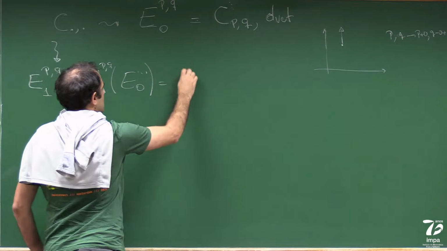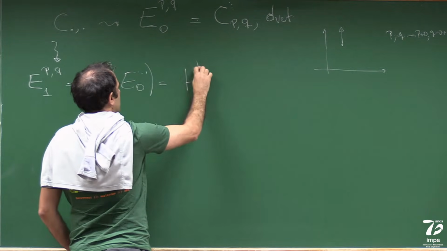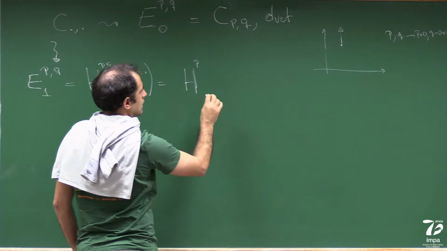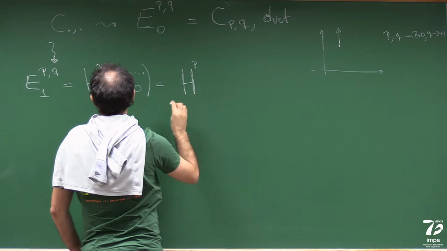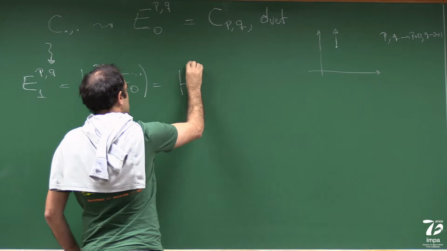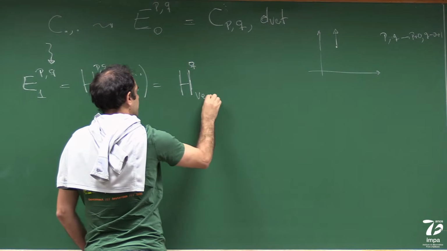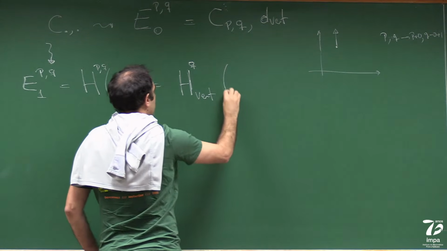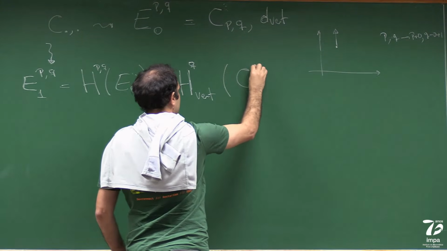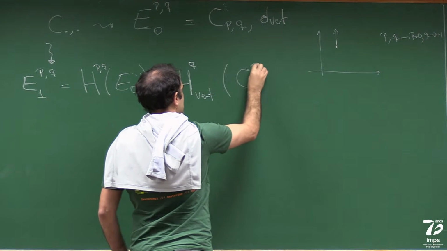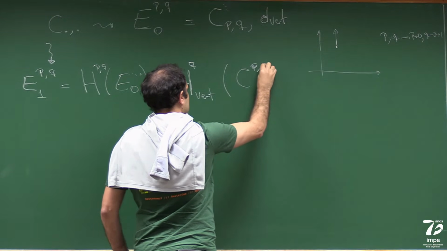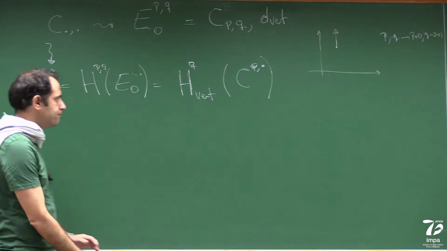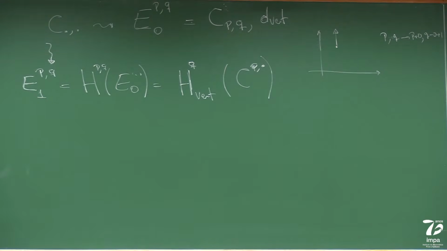And this is, of course, the vertical homology in degree Q. So I'm using P and Q. So this is the Q vertical homology of this complex C P dot. And that's the E1 page.